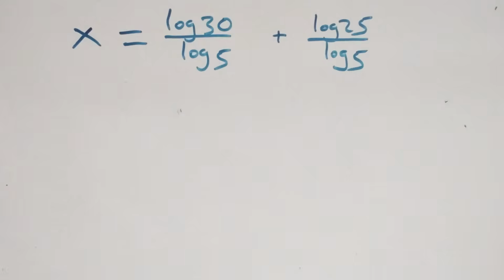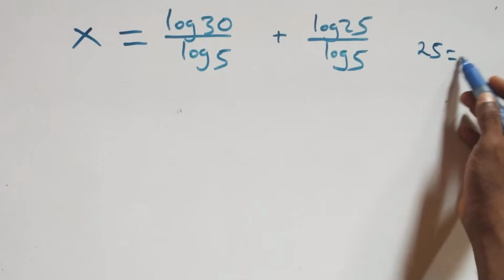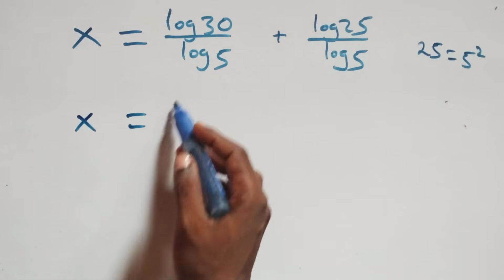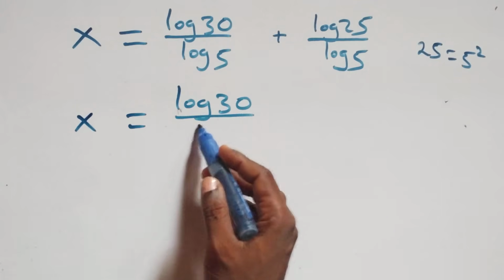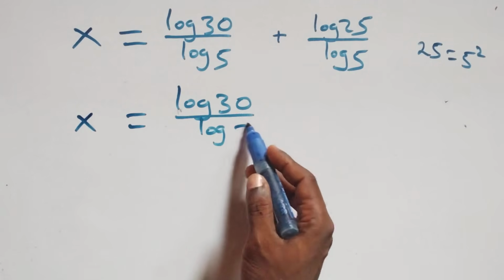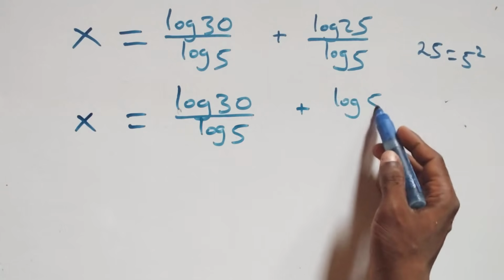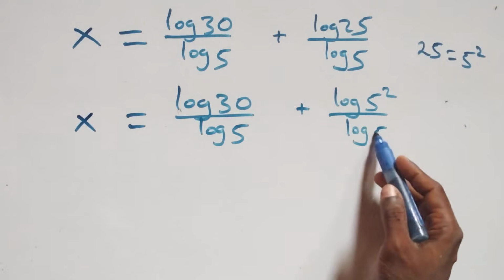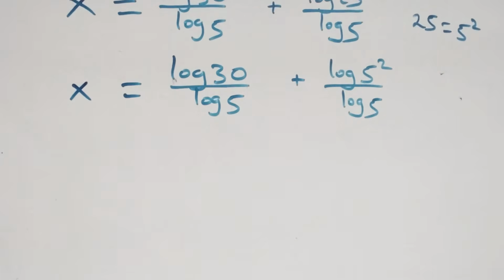Then, next step here, 25 can be written as 5 times 5, which is 5 squared. Here we have x equals log 30 over log 5 plus log 5 squared over log 5. Then here we apply the power law of logarithm.